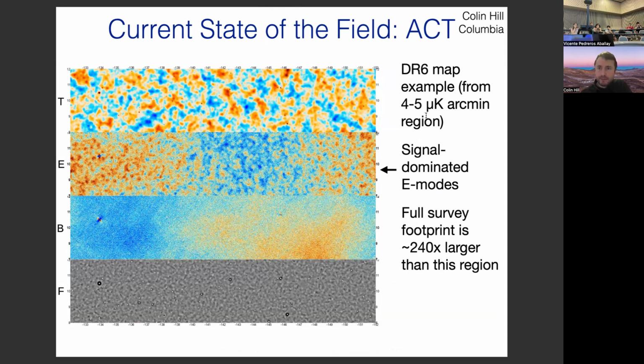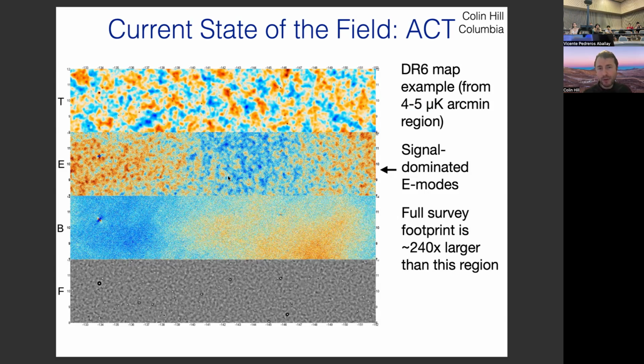This is a particularly deep slice of the data. So the noise levels, for those who are familiar, are quite good, approaching a Simons Observatory type noise level. One thing that's beautiful here, though, is that you can see by eye the E mode fluctuations.